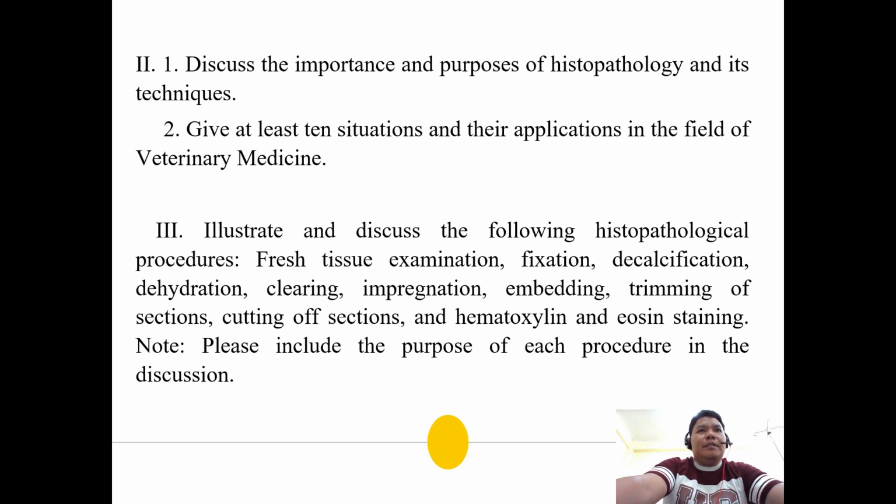Number three is to illustrate and discuss the following histopathological procedures: the fresh tissue examination, fixation, decalcification, dehydration, clearing, impregnation, embedding, trimming of sections, cutting of sections, and then staining, specifically the hematoxylin and eosin stain. Please include the purpose of each procedure in the discussion.